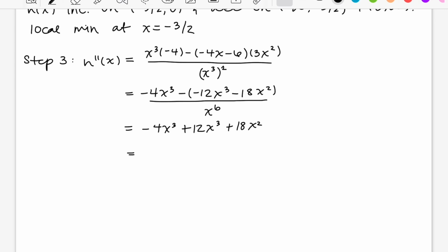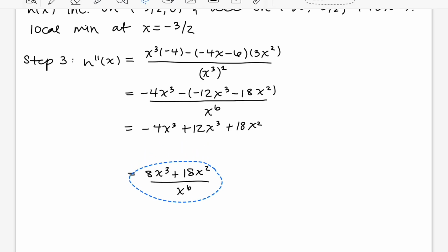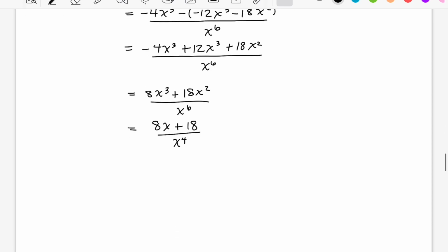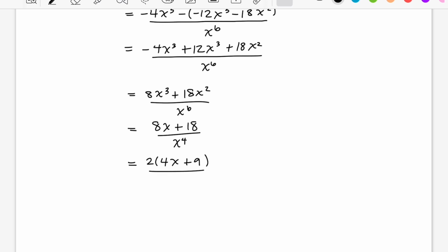All right, so then we'll end up with x to the 6th on the bottom here. All right, so we can take out 2 x's from all of these terms. And then we can simplify this a little further by pulling out a factor of 2 from these terms on the top.